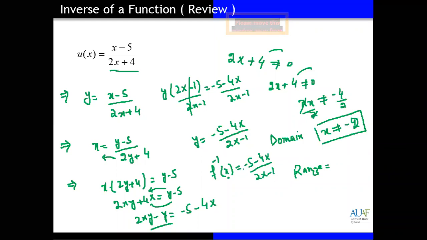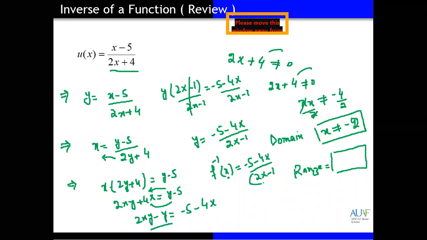Now, to find the range value, we need to find the domain of the inverse function. Again, we have the inverse function minus 5 minus 4x divided by 2x minus 1. You cannot simplify this one more; you cannot cancel a common factor.